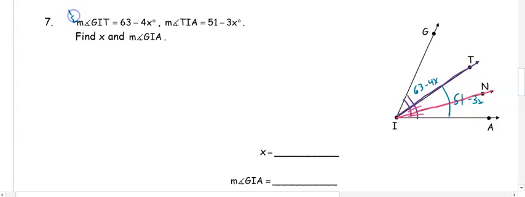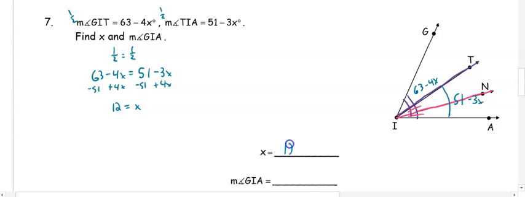They are both half of the original angle, so they are equal. A half equals a half. So we have 63 minus 4x is equal to 51 minus 3x. We can add 4x to both sides, and we can subtract 51 from both sides, so we get 12 is equal to x.